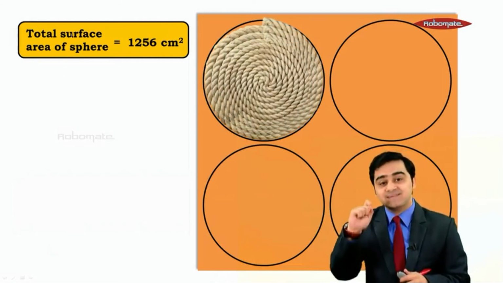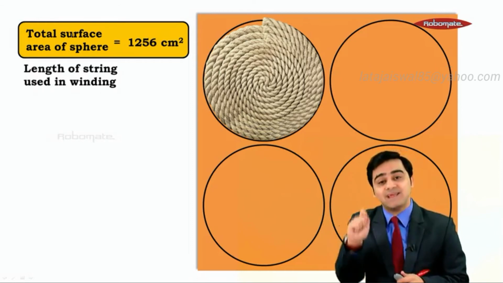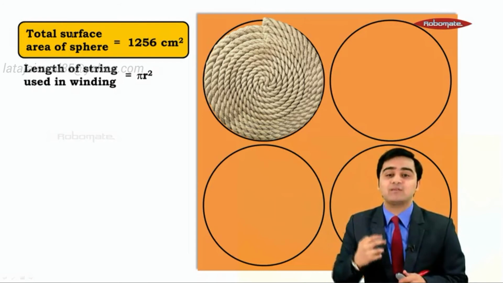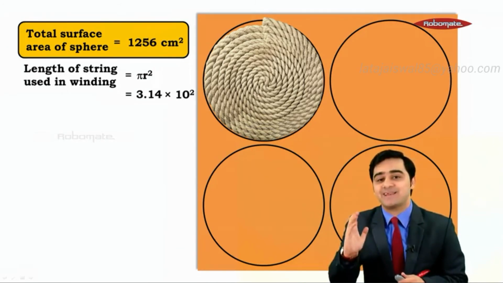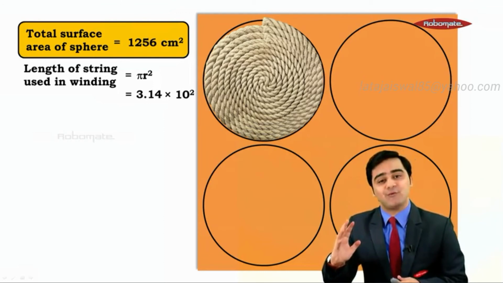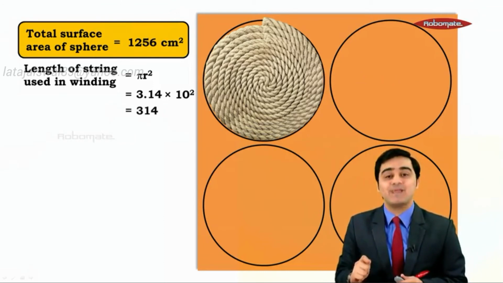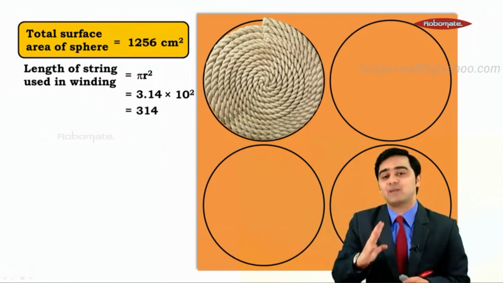So now observe, this is the string we have covered in the first circle. We can say that the length of the string after winding the first circle is equal to pi r square, which is equal to 3.14 into 10 square, since we know that the radius is 10. 3.14 into 10 square is equal to, yes, 314. So the length of the string after winding the first circle is 314 centimeter square.